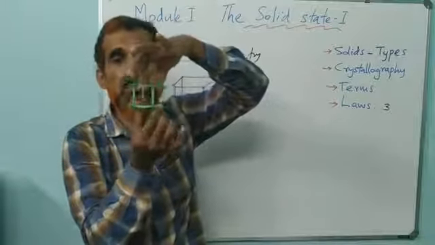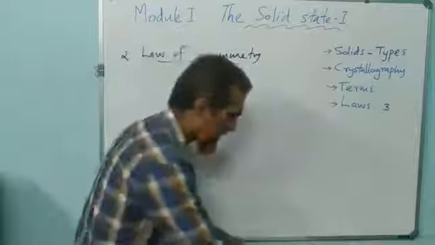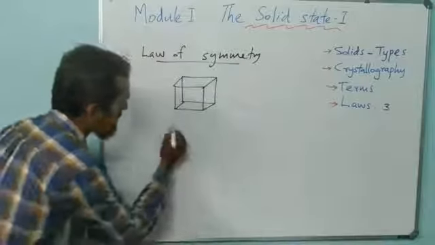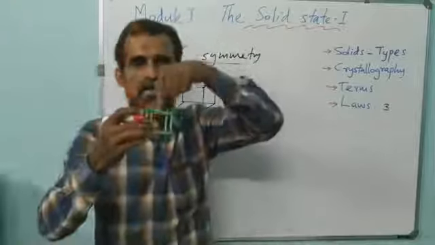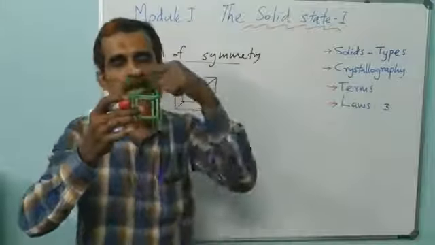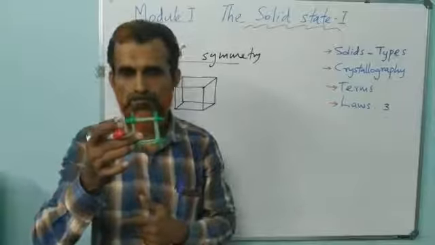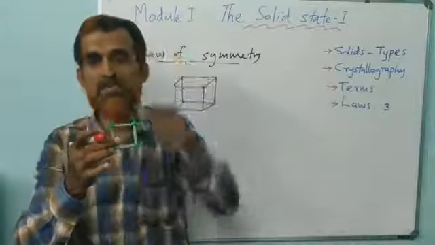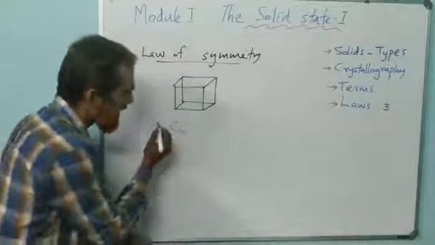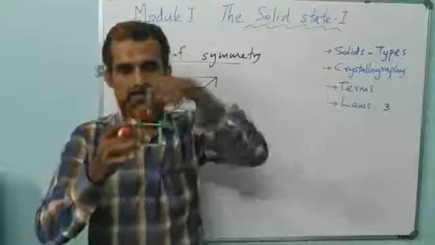What is the order? It is C4. How many are there? Since we are connecting opposite faces, a cube has 6 faces, and 2 faces make up one axis, so there will be 3 C4 axes.